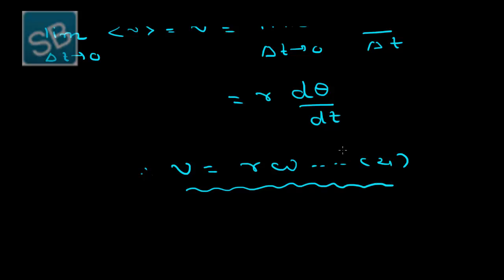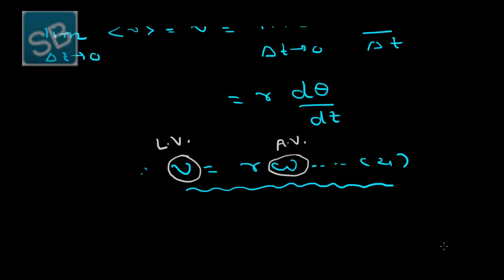So this is, we can say, the actual scalar relation between linear velocity and the angular velocity of a rigid body.